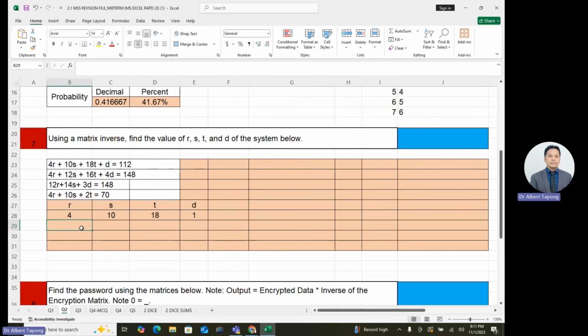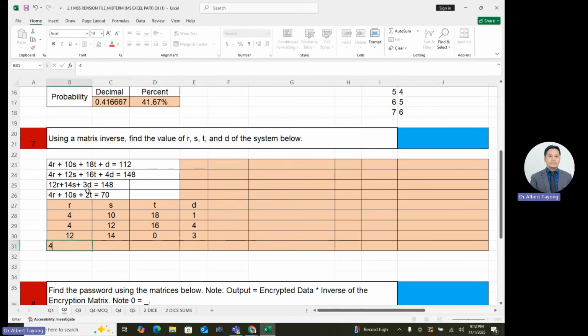Then the next is 4, 12, 16, and 4. Then the next is 12, and then 14. And we don't have T here, so this is 0, and D is 3.